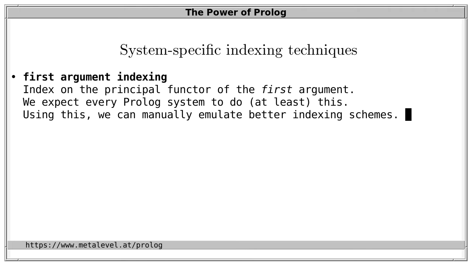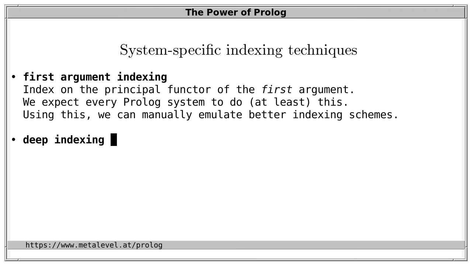And in a sense, first argument indexing would be sufficient, because if a Prolog system provides this, then we can emulate more sophisticated indexing schemes on top of it, with the drawback that it would require manual effort from Prolog application programmers. And that's a pretty significant drawback, because we want to write Prolog code that's natural for us as humans, and the Prolog system should still run such code efficiently.